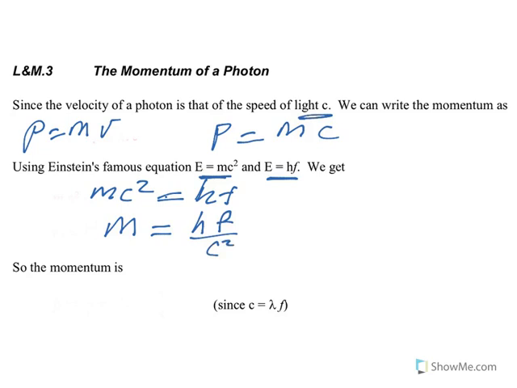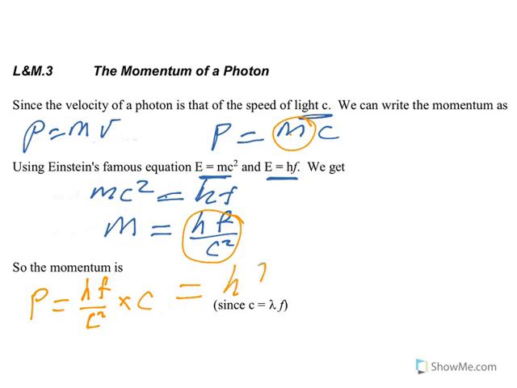And then if we take this and put it in here, then what we end up with is that the momentum of a photon should be hf over c squared times c, which of course is hf over c.